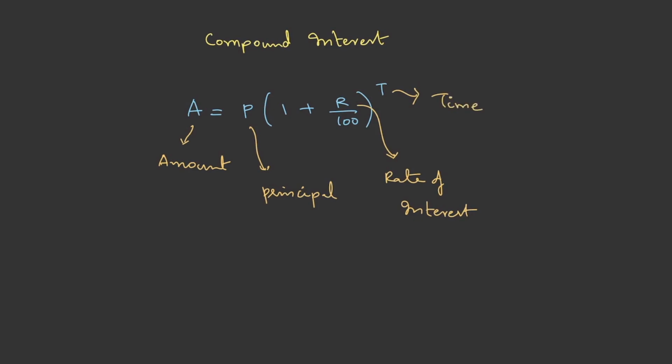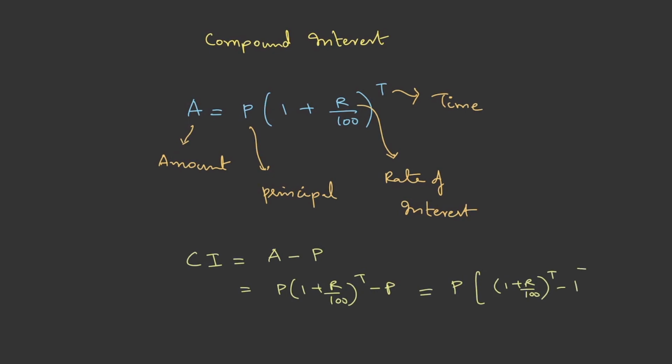Now for this, if you want to calculate the compound interest, it is basically amount minus principal. Therefore this is P into (1 plus r by 100)^t minus P. So when you take the P common, it is P[(1 plus r by 100)^t minus 1]. So this particular formula we will be using in most of the questions.